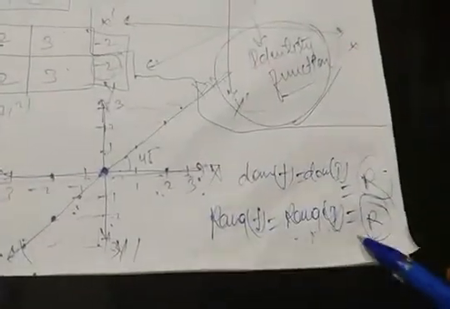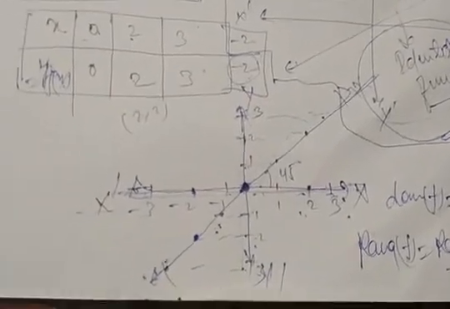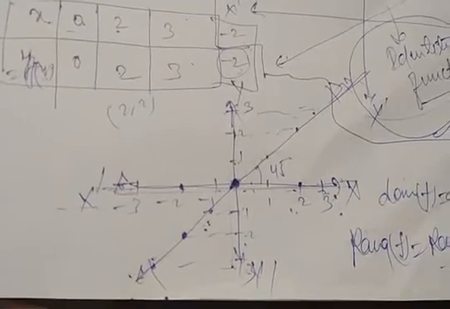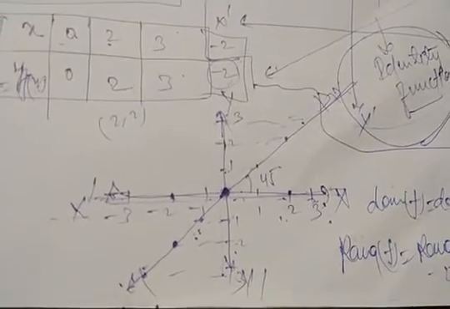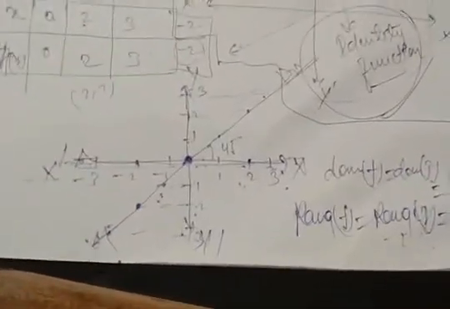So the collection of all these numbers, that is the range, is also equal to R. So in this way we can say that the graph of the identity function is always a straight line passing through the origin and making an angle of 45 degrees with the x-axis, and the domain and range of the identity function is always equal to R, that is any real value.